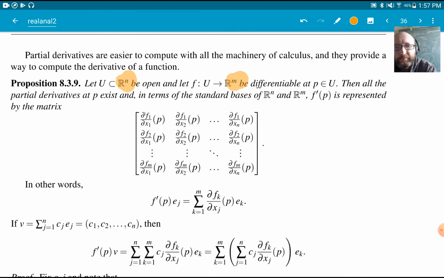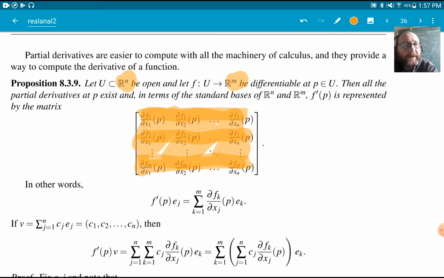We can put them in a matrix, right, like this. It's always the first function, second function, and all the way up to the mth function, in the mapping. The components of the mapping are the rows, and the variables are the columns. So x1, x2, all the way up to xn. So the columns are the variables. So that's how we're going to organize it.